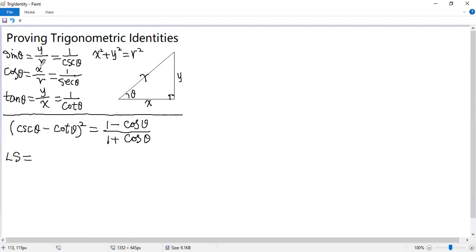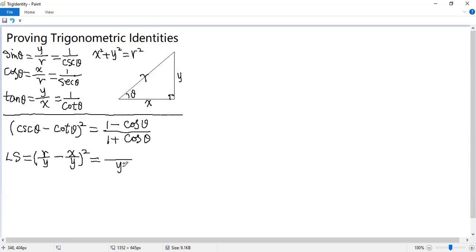Cosecant theta equals hypotenuse r over opposite side y. So we get r over y. Cotan equals adjacent x over opposite y. x over y, squared. Now we combine these two fractions.